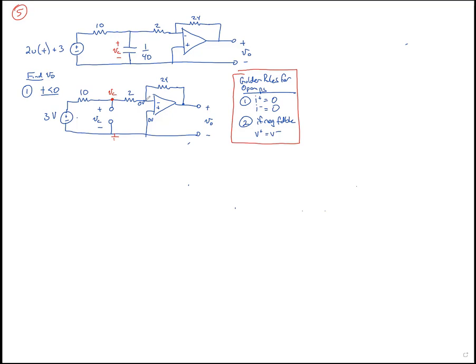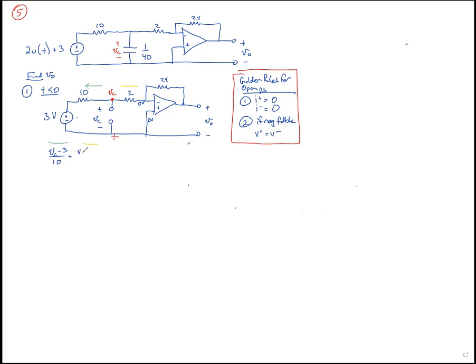We could also have tried a KCL here or here. Can't do a KCL at the output. But let's try a KCL here and just see if we get anything. VC minus 3 over 10, that's the current going in this direction. And now we'll do the current going in this direction.